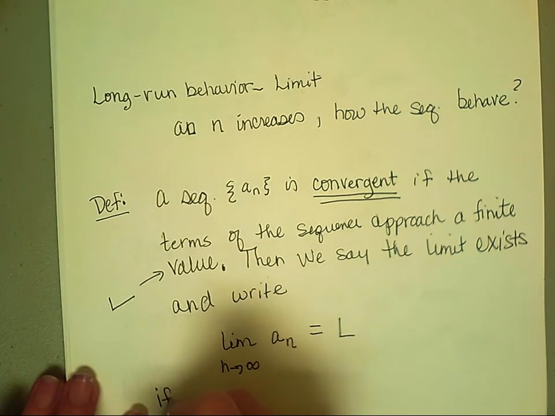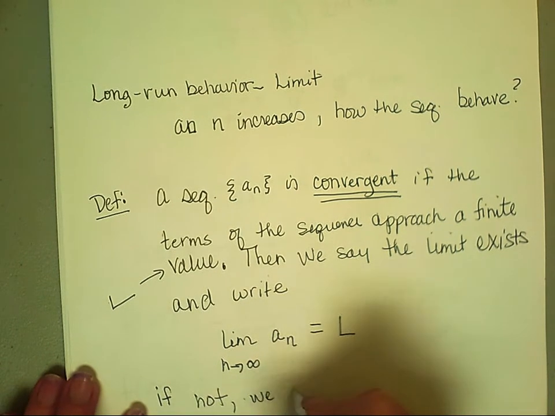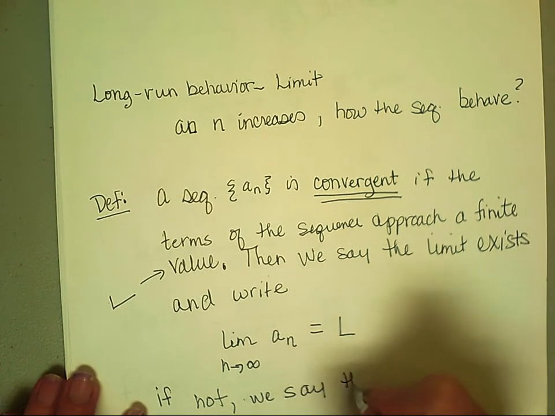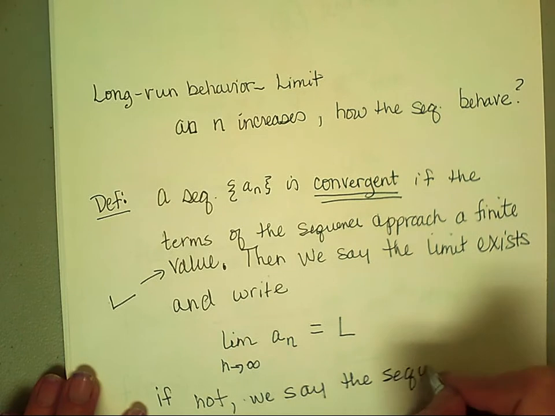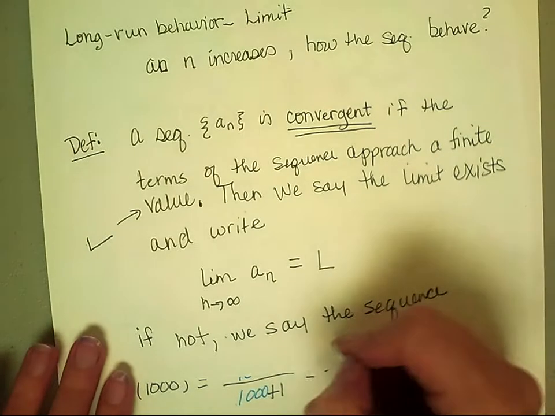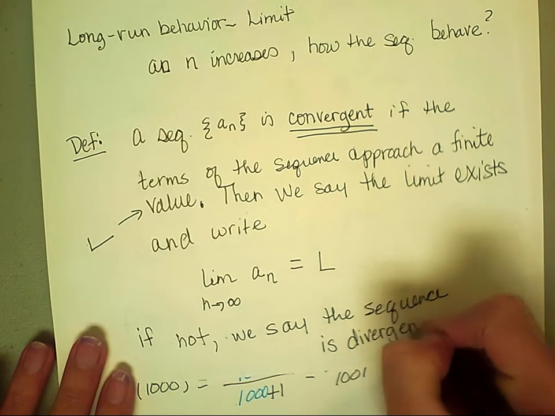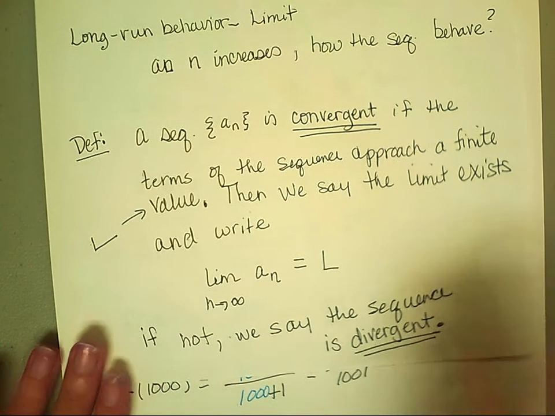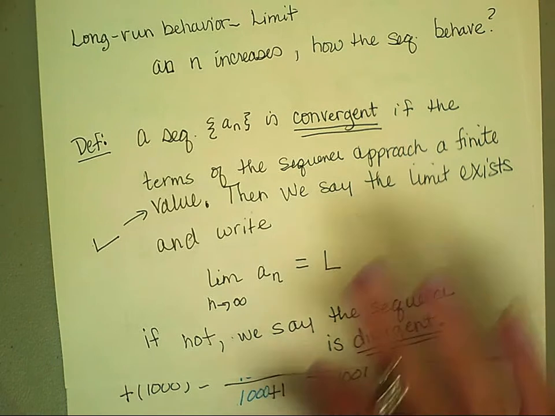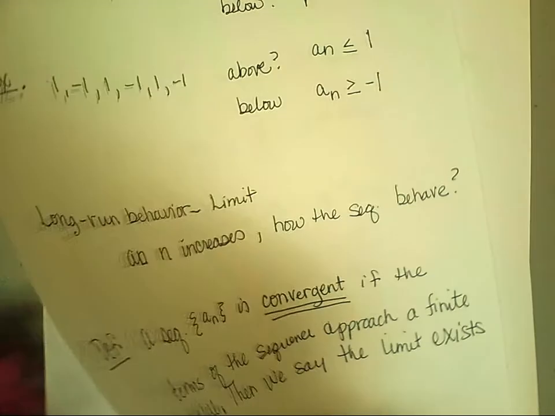And if this doesn't happen, so if not, then we say the sequence is divergent. So convergent and divergent. So let's see if we can actually determine some of these.